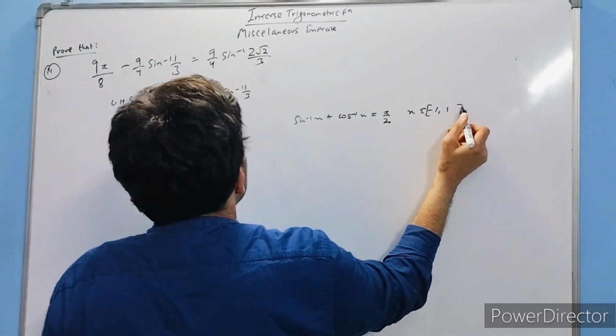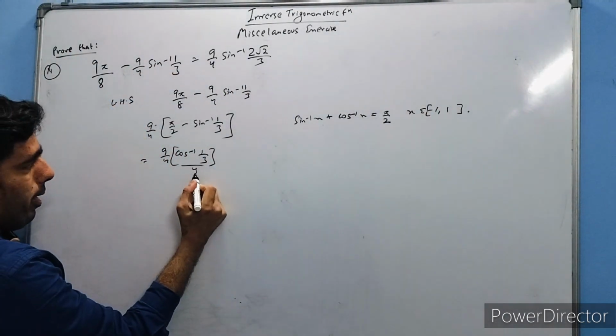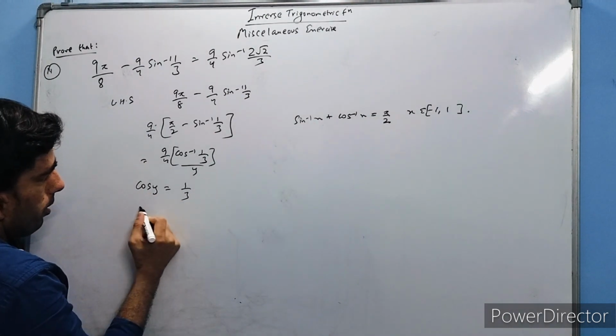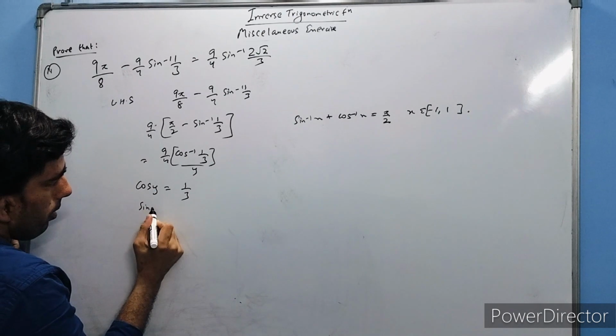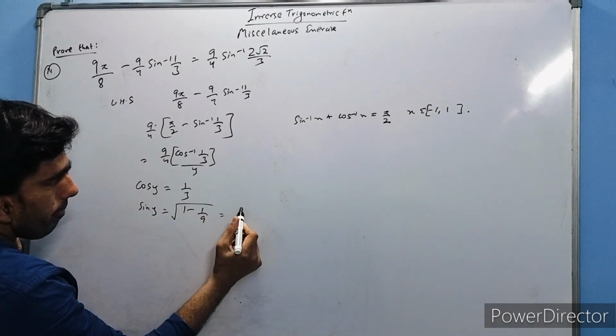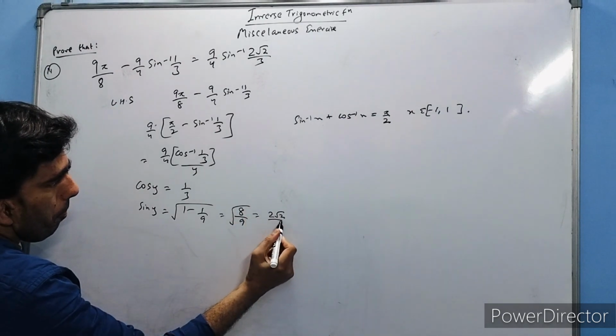Now what we can do here? Put this as y. So cos y is equal to 1 upon 3. So sin y will be root of 1 minus 1 upon 9, so we have 8 upon 9, so 2 root 2 upon 3.